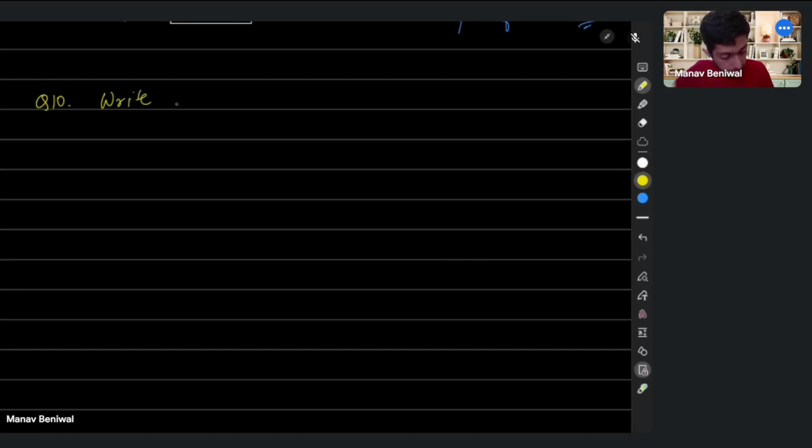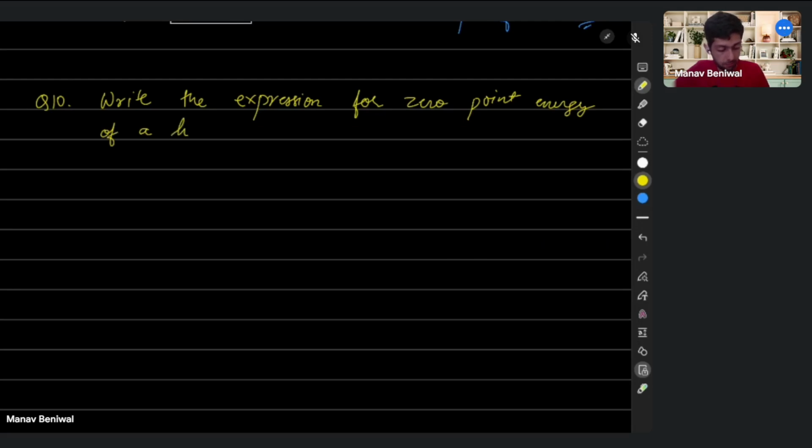Write the expression for zero-point energy of a harmonic oscillator according to quantum mechanics.